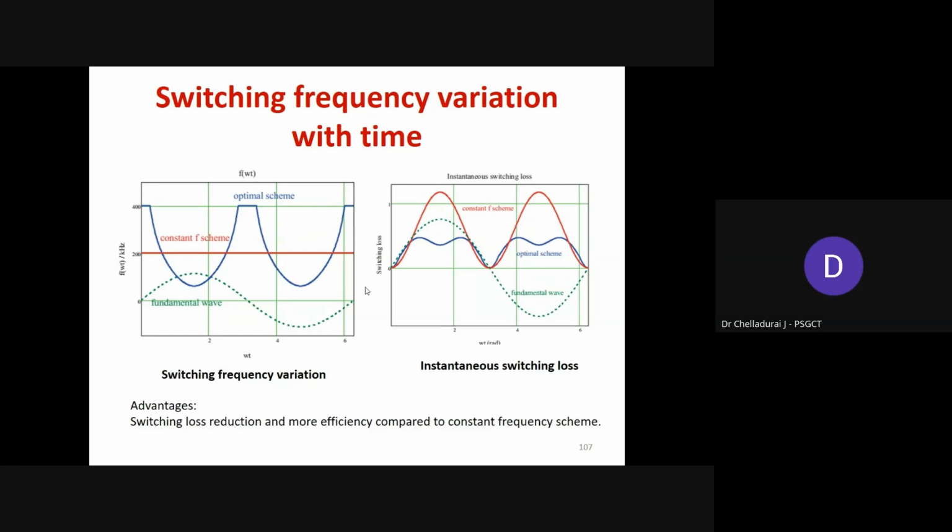In this concept, based on the load condition, we can change the switching frequency magnitude. For example, for understanding purposes, if the connected motor load is only 50%, for this load condition we can increase the switching frequency magnitude. Then we can get better performance, better efficiency, better harmonic performance.